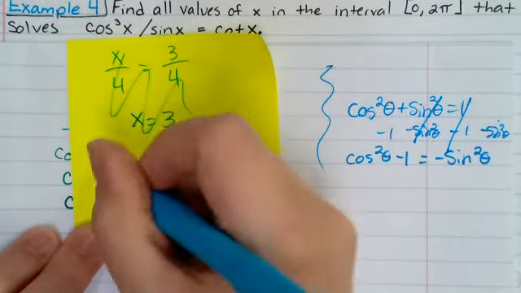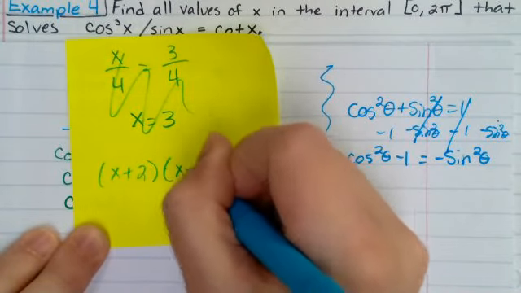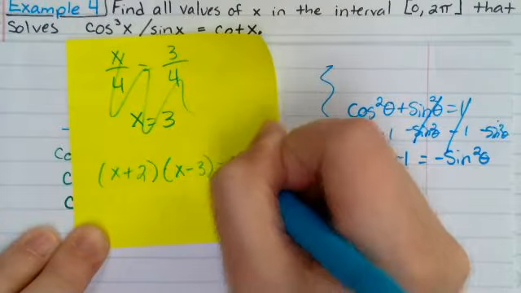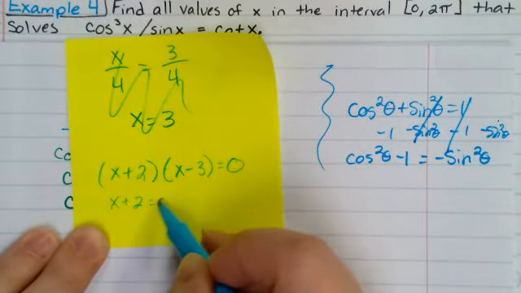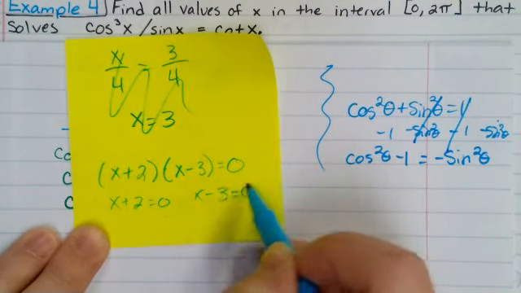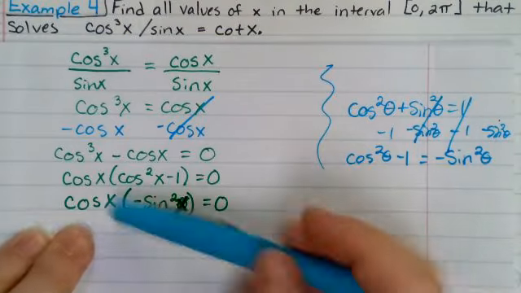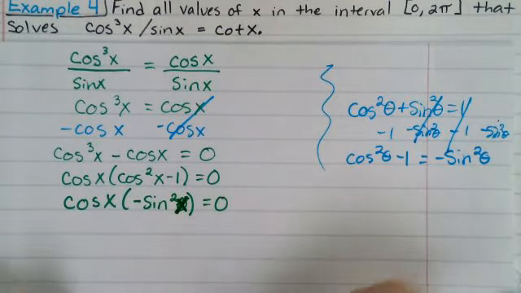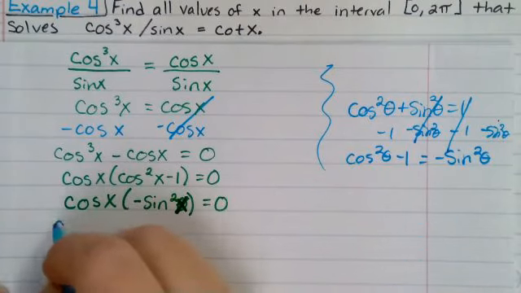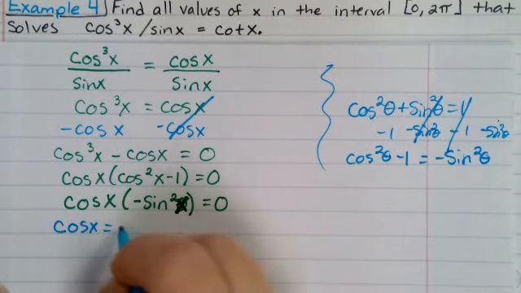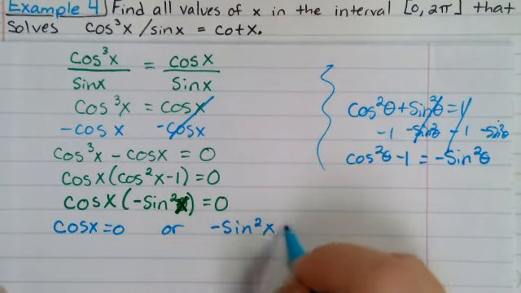If you had a problem where you said like x plus 2 times x minus 3 equals 0, what you would do is you would take each factor and you'd say x plus 2 equals 0, x minus 3 equals 0. We do that and you'd solve each, right? We're doing a similar idea. We have cosine times negative sine squared equals 0. So either cosine equals 0 or negative sine squared x equals 0.